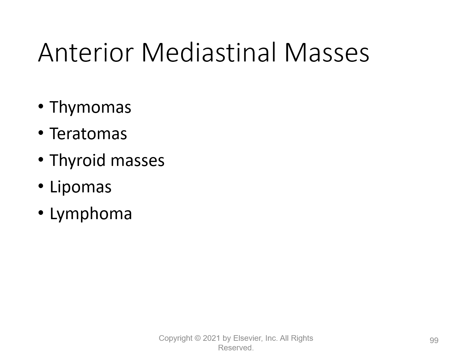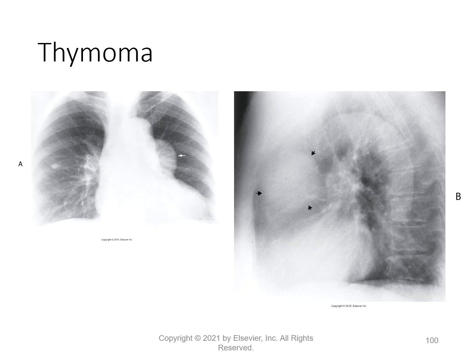So a teratoma can contain components of hair, skin, teeth, fat, all different types of tissues, because they're originating from those germ cell lines. We can also have thyroid masses that extend into the anterior mediastinal areas, lipomas, which are just masses of fat, and lymphomas, which would be lymphatic tissue growth or tumors.